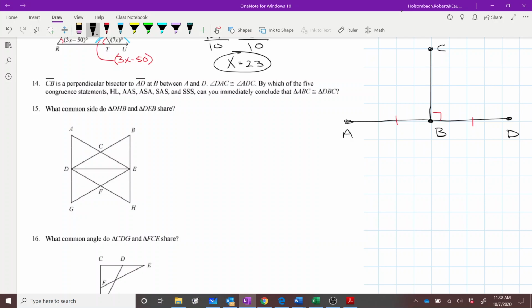Angle DAC is congruent to angle ADC. Let's take another approach to this.